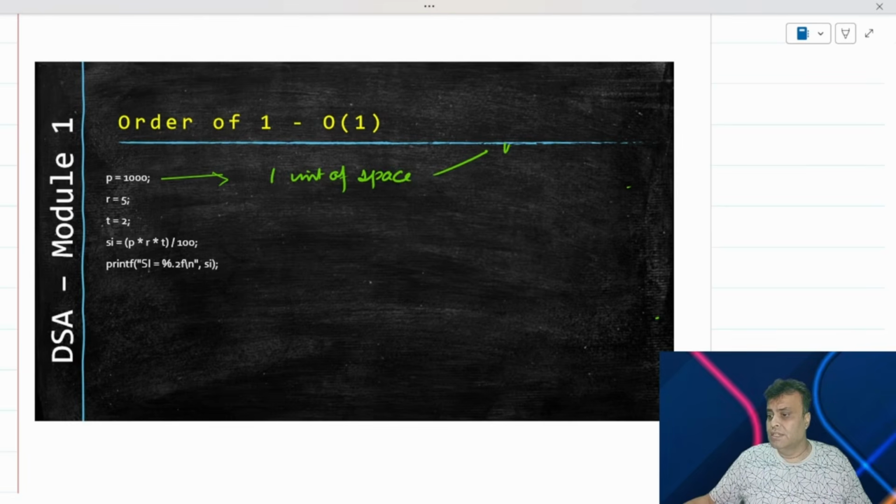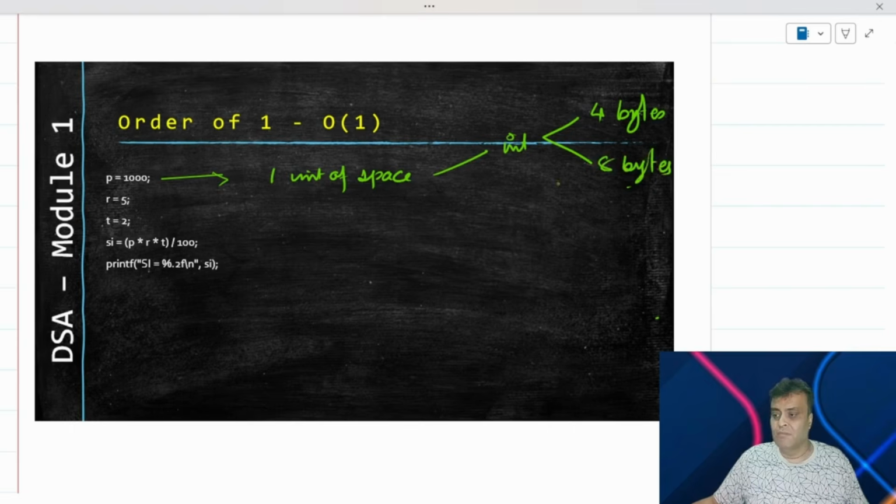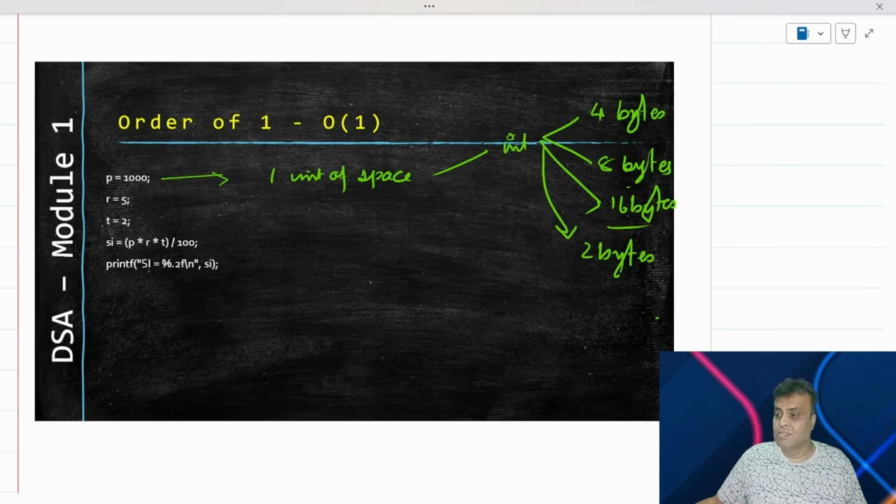Now an integer can take 4 bytes in a particular machine. Some other machine may use 8 bytes depending on the compiler. In some other machine an integer can be 16 bytes also. We do not know where it is going to be executed. A short integer can be defined as 2 bytes somewhere else. I do not know how the machine will interpret the number of bytes for an integer. I know that I have defined it as P equal to 1000 and hence I need 1 unit of space.